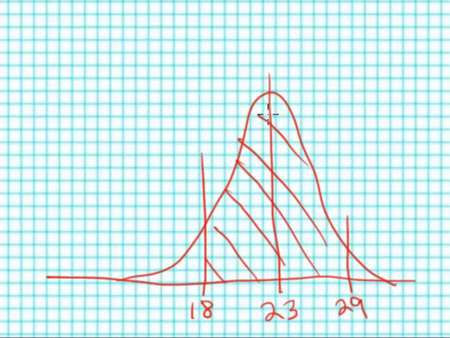You can see here that this area captures or contains the average, so this is what I called an addition problem. We're going to have to calculate two z-scores, the z-score for 18 and look up its area, and the z-score for 29 and look up its area, and then we'll add those two areas together.